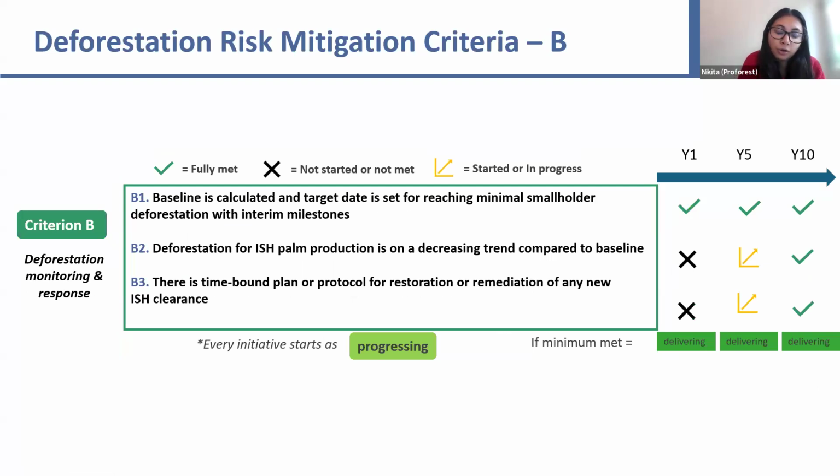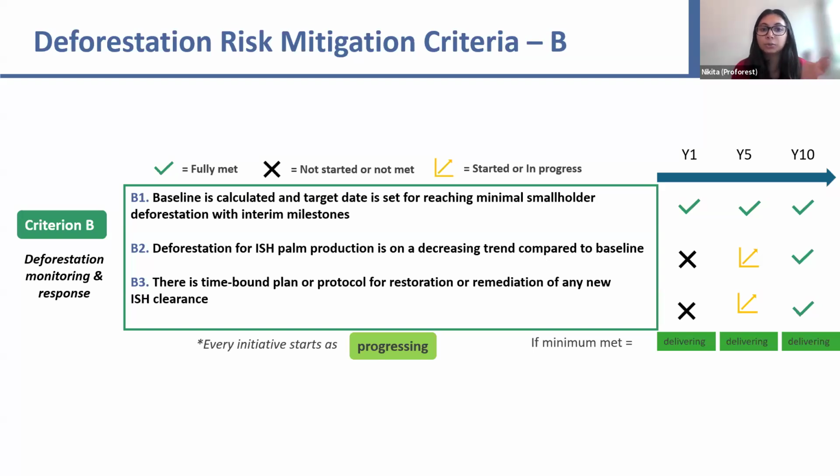So here is a snapshot of the criteria for B, which is more about deforestation monitoring and response. Essentially here, the main thing that we are asking for is: is there a baseline and a target date set for reaching minimal deforestation? And is the deforestation on a decreasing trend compared to that baseline?